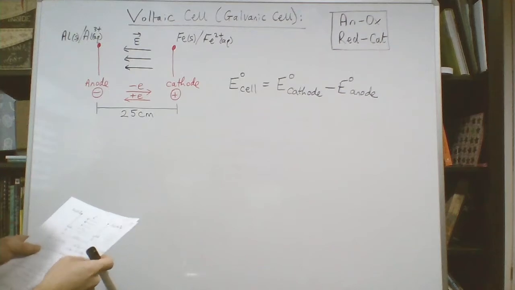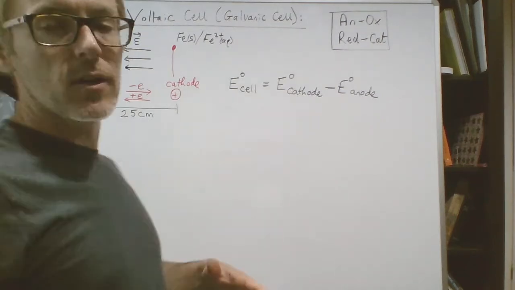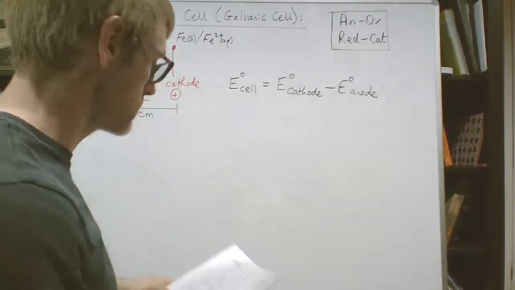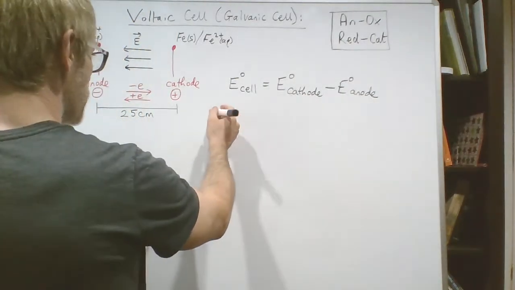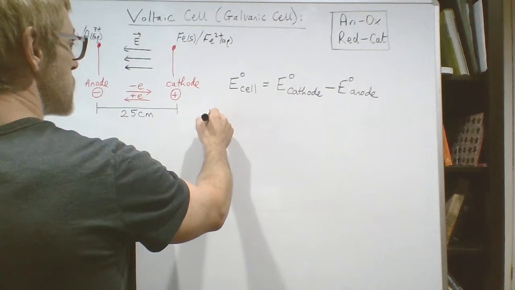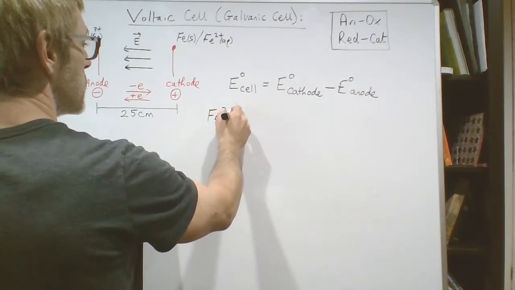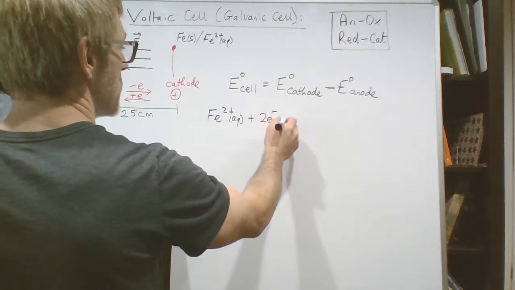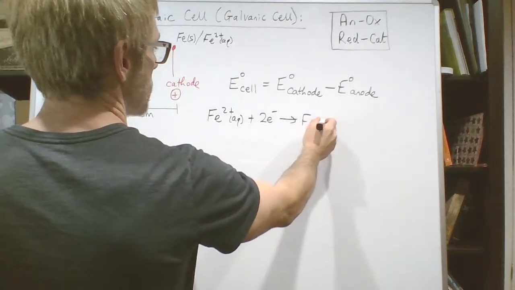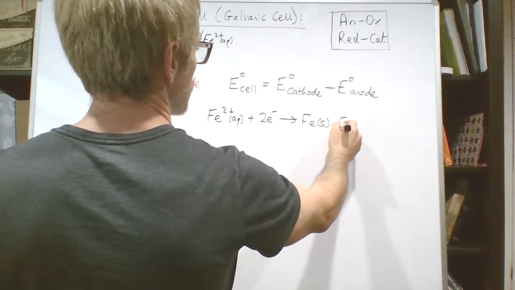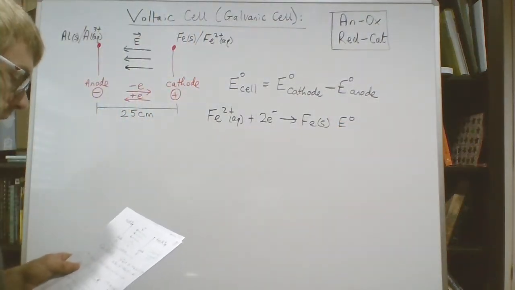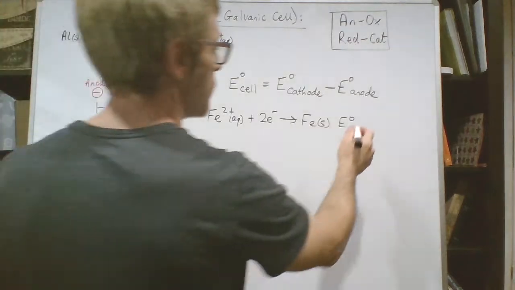So all I need now is some values. So typically you're given values in an assessment. They're called values of reduction potentials. So I'm going to provide them here. So we've got iron 2 plus aqueous plus 2 electrons to give iron. We're told that the reduction potential for this is negative 0.44 volts.